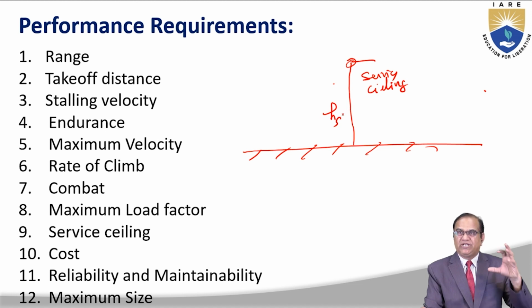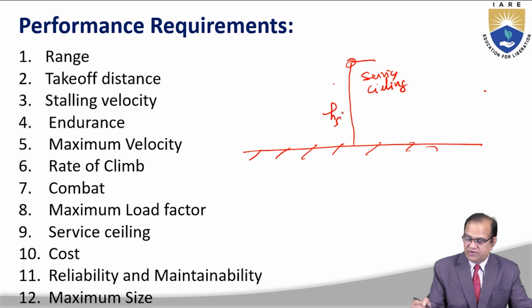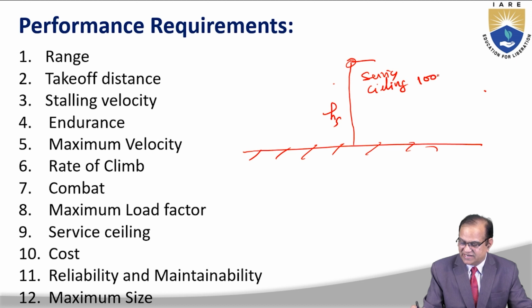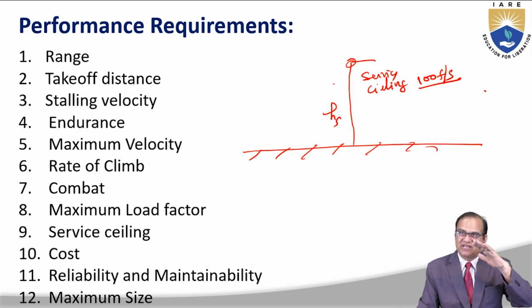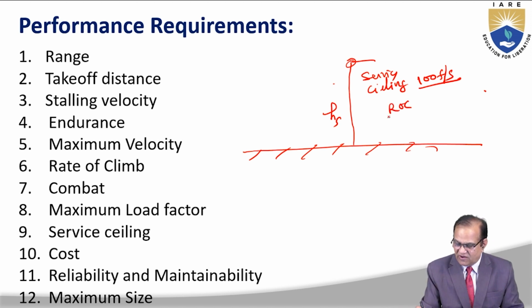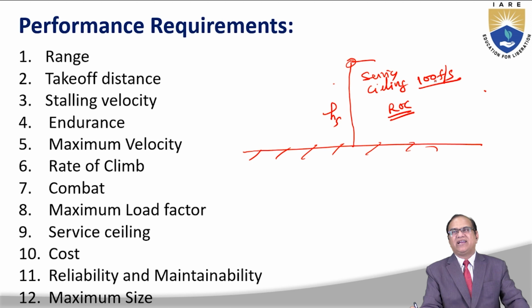The height up to which the rate of climb is maintained as 100 feet per second. Every aircraft is designed for some rate of climb. So from the ground to a certain height, the designed rate of climb can be achieved. Mostly it is 100 feet per second. This height is called the service ceiling. If you go beyond this, you will not achieve this rate of climb.